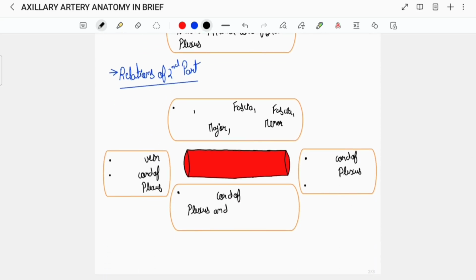The second part of axillary artery is related anteriorly to the skin, the superficial fascia, the deep fascia, the pectoralis major, and the pectoralis minor muscle.